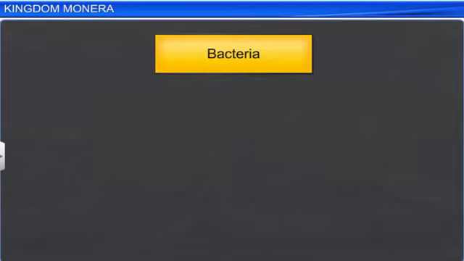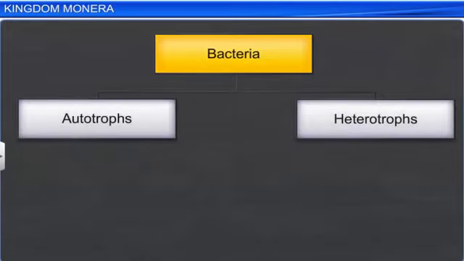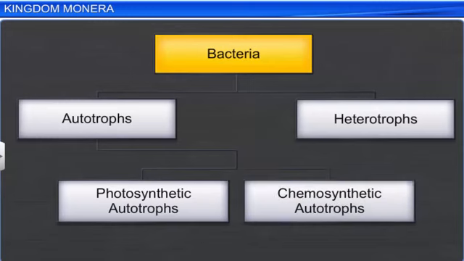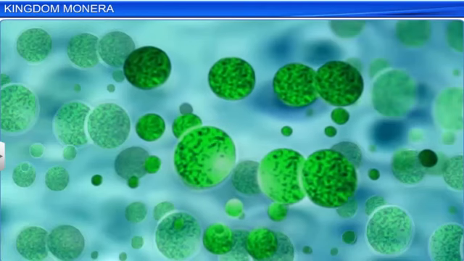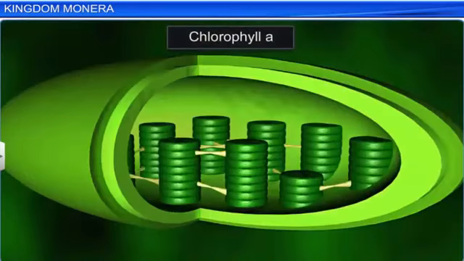Bacteria can be divided into autotrophs as well as heterotrophs. Autotrophs can further be classified into photosynthetic autotrophs and chemosynthetic autotrophs. Like plants, cyanobacteria have chlorophyll A, and they are, like them, photosynthetic autotrophs.